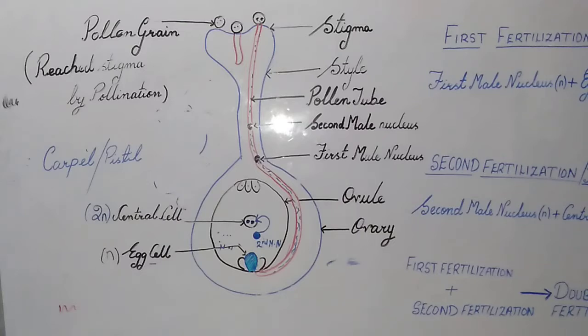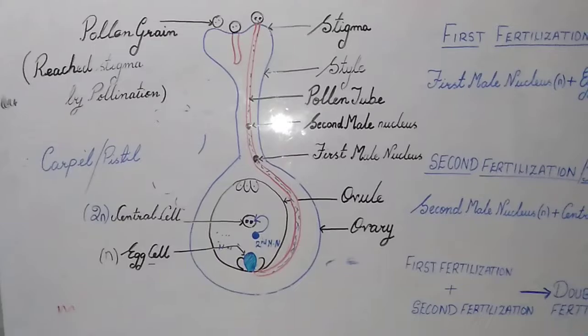So first male nucleus was fusing with the egg cell, and second male nucleus is fusing with the central cell. This is second fertilization, or we also call it triple fusion. Have a look here.